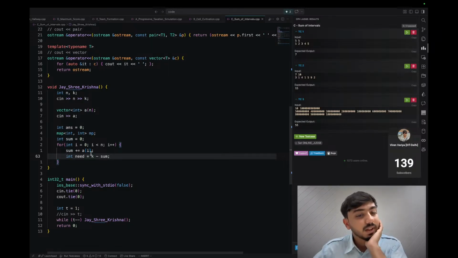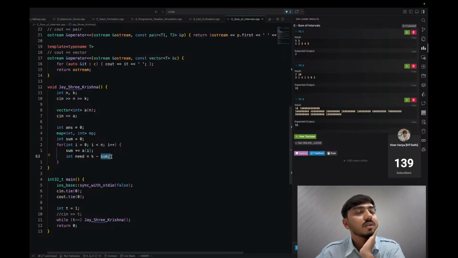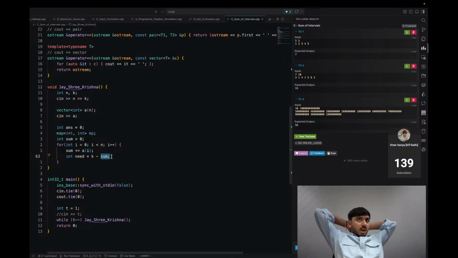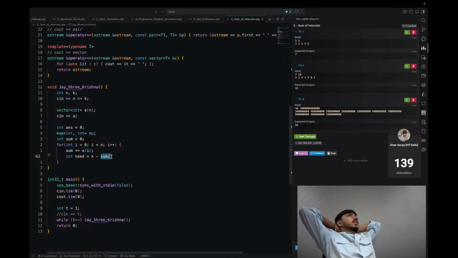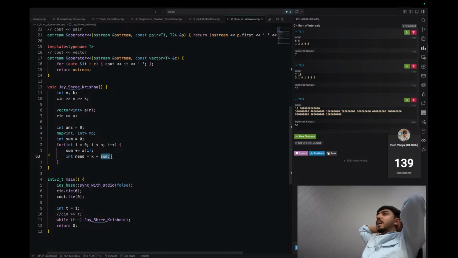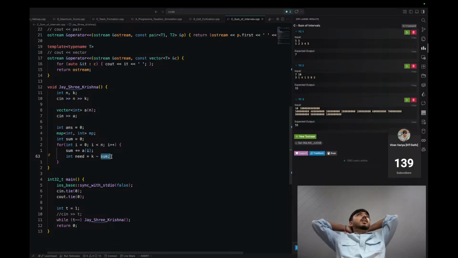We want a maximum sum of k, and currently we have something stored in sum. What we can do is find all the... see, if we iterate through the map, then it gives us a TLE.